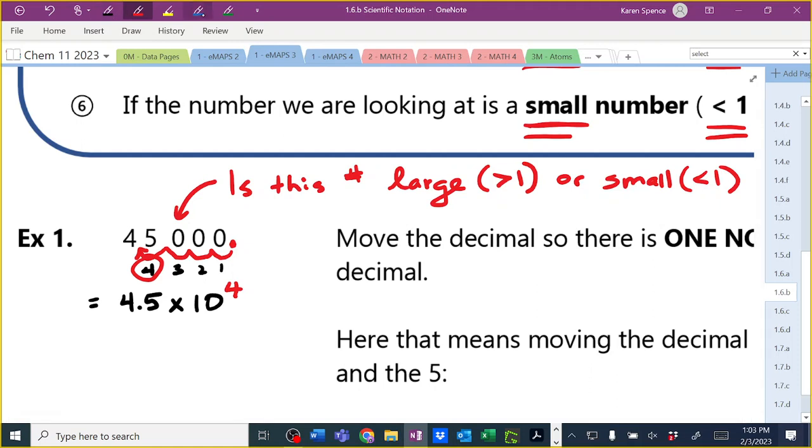So it is large, and therefore we need our exponent to be positive. Anytime you have a large number, the exponent will be positive. So we just leave it like that, 4.5 times 10 to the 4.